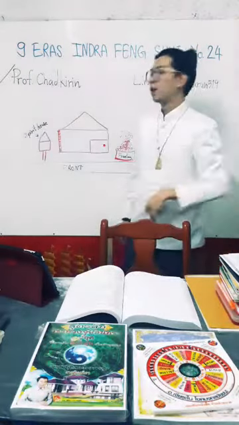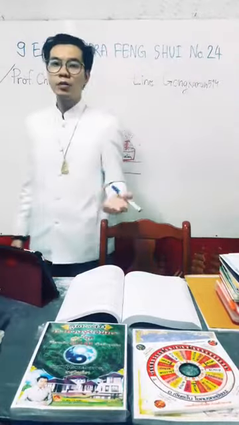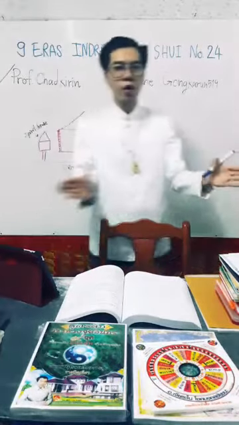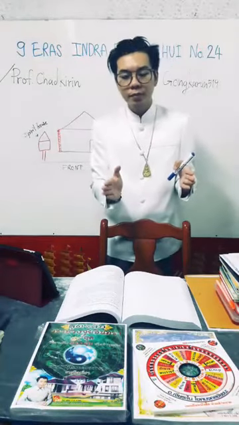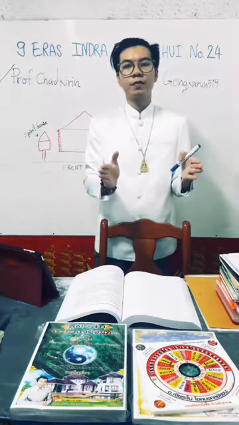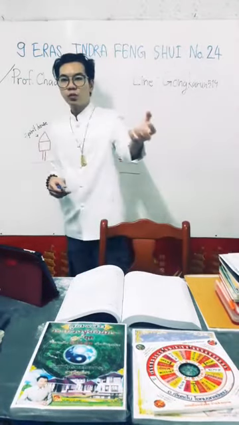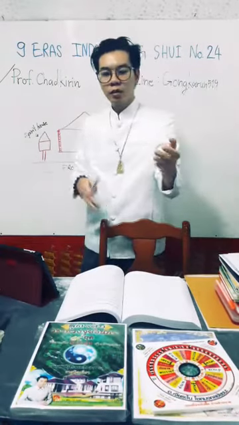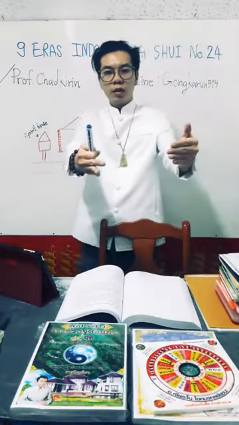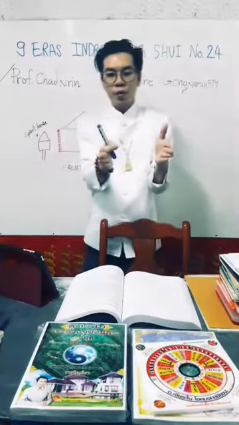If the gate or the door of the house is so small, it means the space of wealth, the space of fortune, the space of luck leading to the house is so narrow.